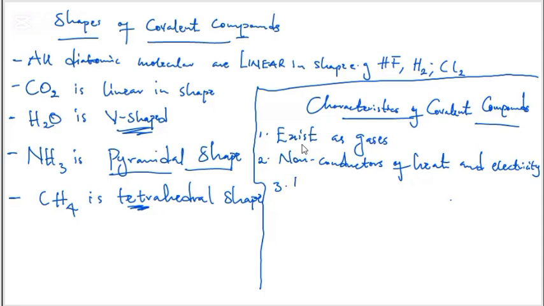Next, we say they are insoluble in water. That is, they cannot dissolve in water, unlike your electrovalent compounds that can dissolve in water. But they are soluble in organic or non-polar solvents.